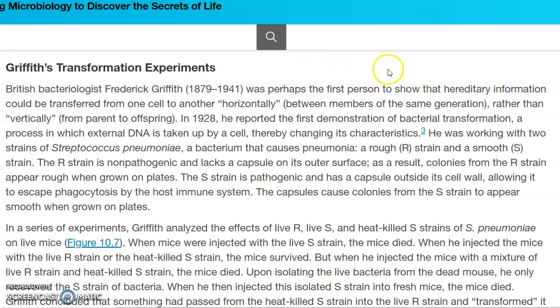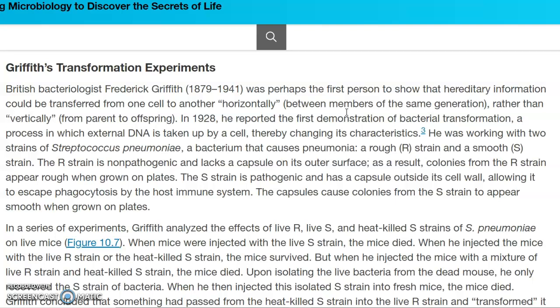So what happens is that a bacterium takes up DNA and it makes that cell different. He was working with Streptococcus pneumoniae, which we will work with later in the semester. This particular bacterium causes pneumonia. Now there are 2 different strains, a rough strain and a smooth strain. The rough strain is not pathogenic. It doesn't have a capsule, so when these colonies are grown on plates, they have a rough appearance. That's the R strain.